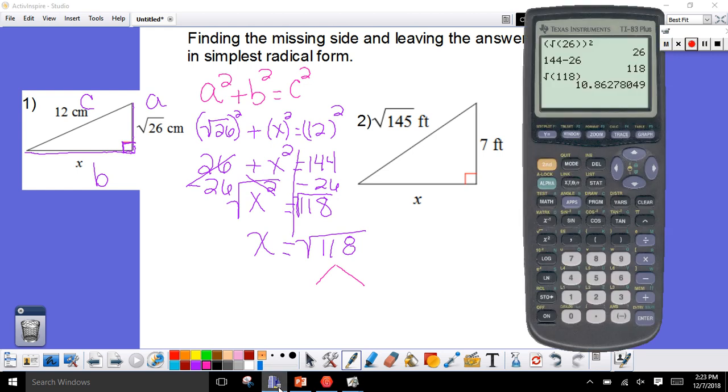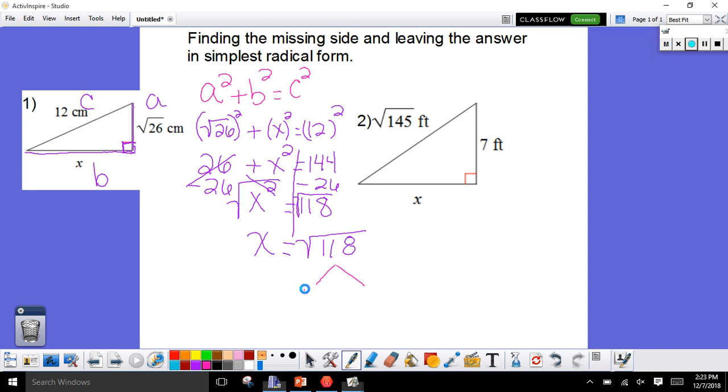If I get my calculator, I can always try and find the multiples that way. 118, I can divide that by 2, that's always the easiest number to do. I get a whole number, so I have 2 times 59. I can multiply 2 and 59 to make 118.